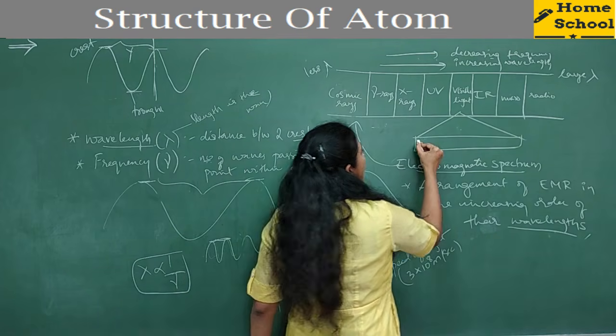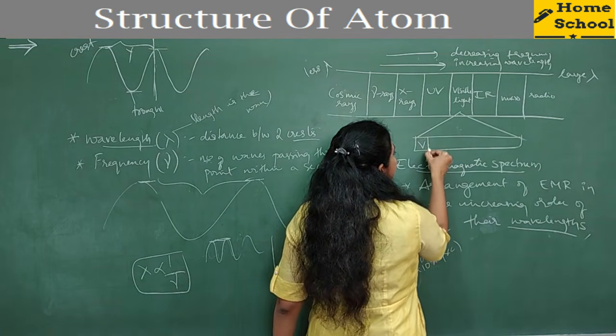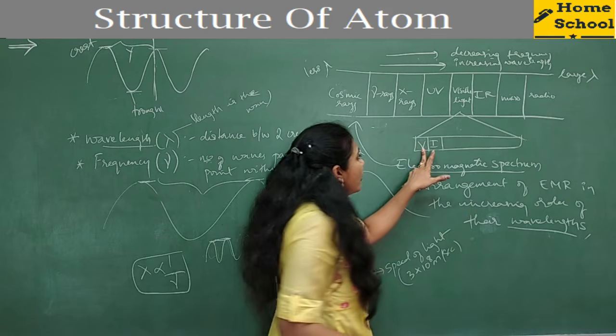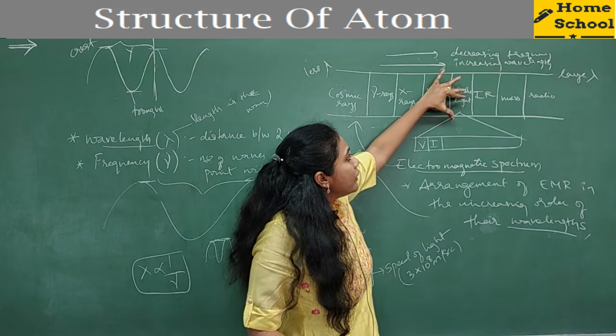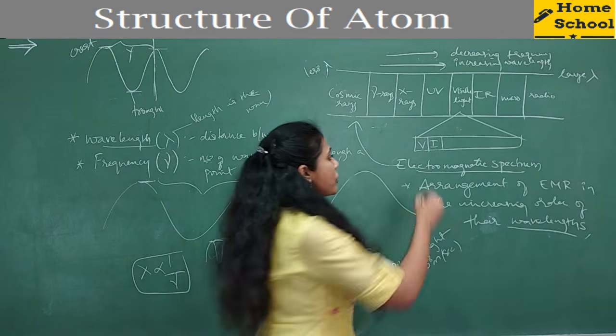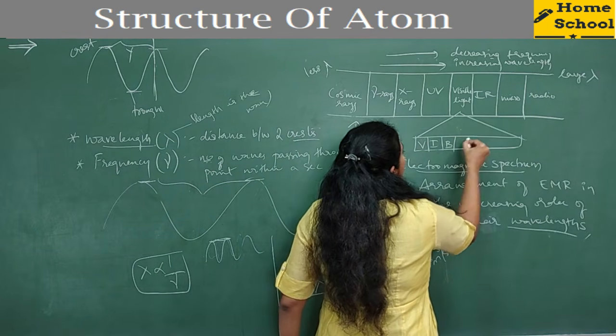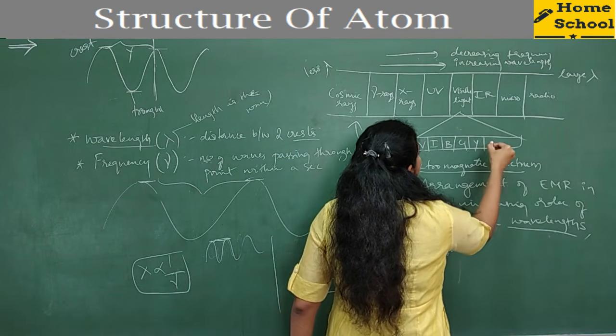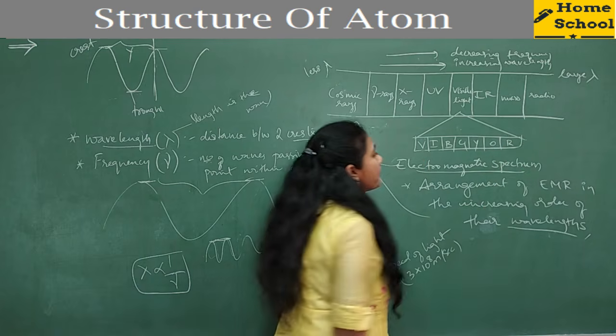We call them violet radiation, indigo radiation. Why do we call it violet radiation? Because a part of visible radiation has violet color. That's why violet radiation, indigo, blue, green, yellow, orange, red.